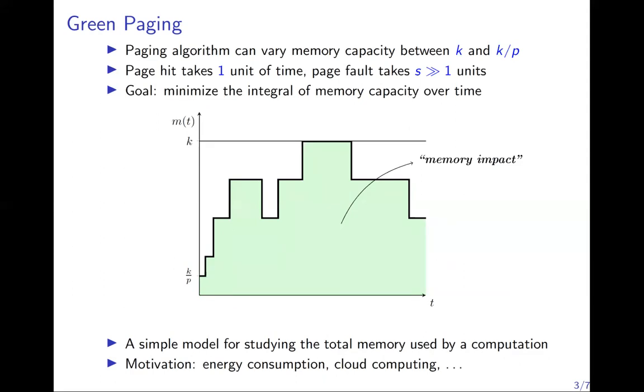And the goal is to minimize the integral of memory capacity over time, a quantity that we call memory impact. So this is a simple model for studying the total memory used by a computation, and it's motivated by low power computing or cloud computing.